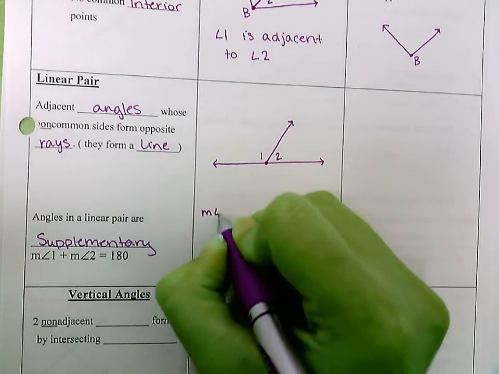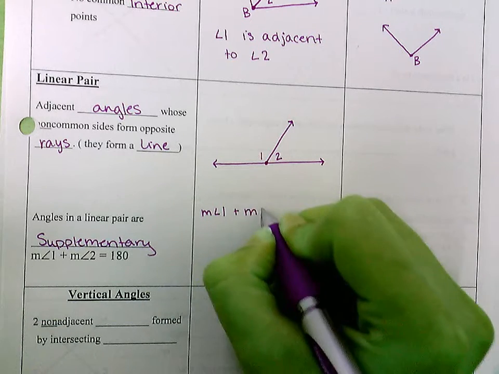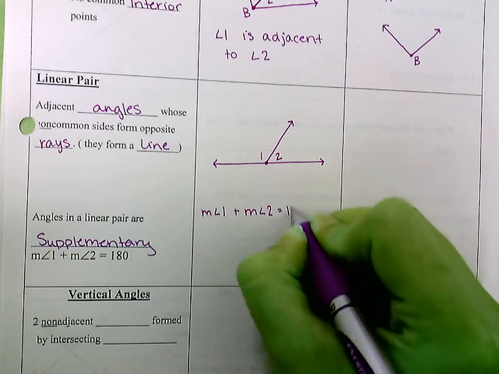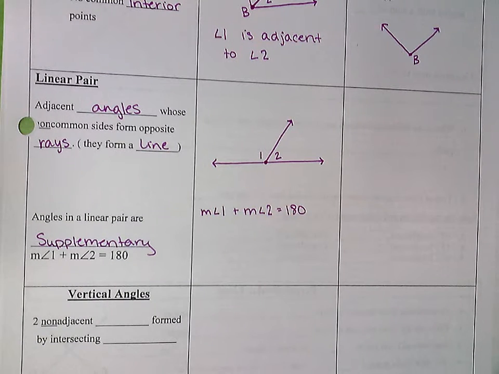The measure of angle 1 plus the measure of angle 2 should equal 180 degrees. And for this, they have to be adjacent. To be a linear pair, they have to share that vertex and that side.